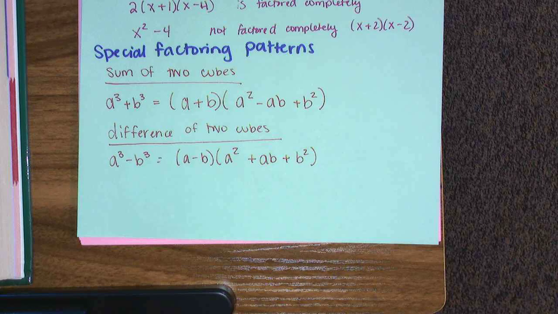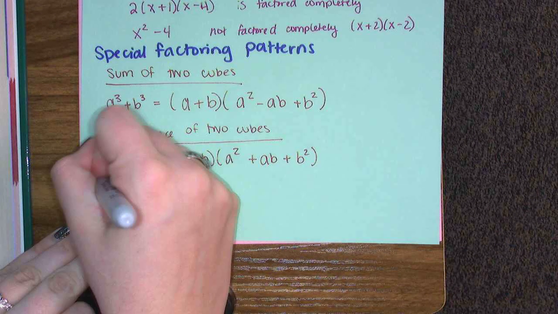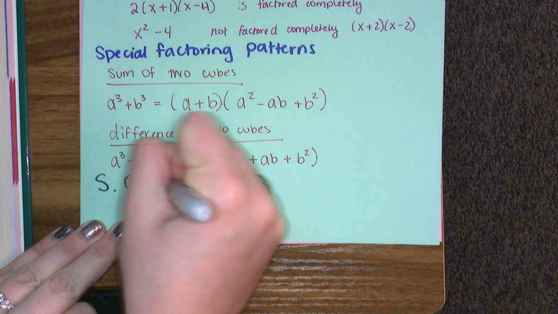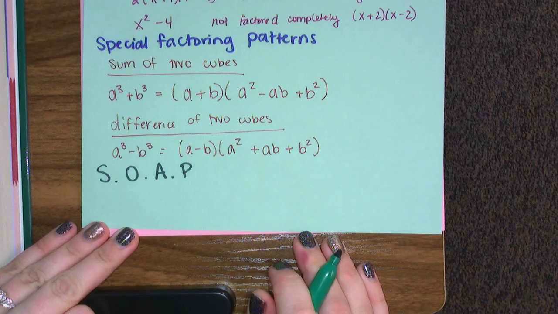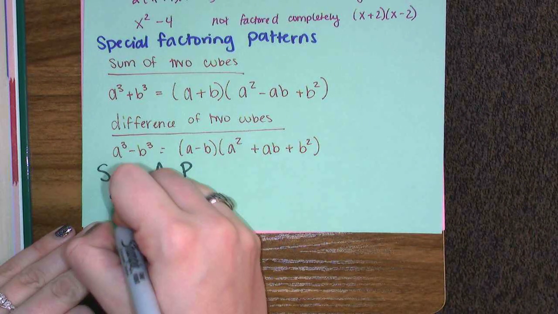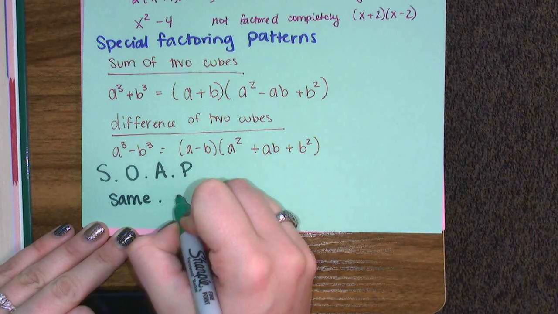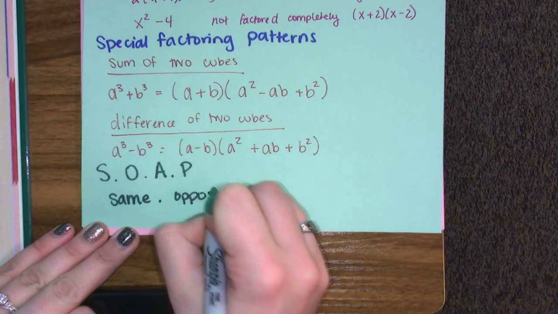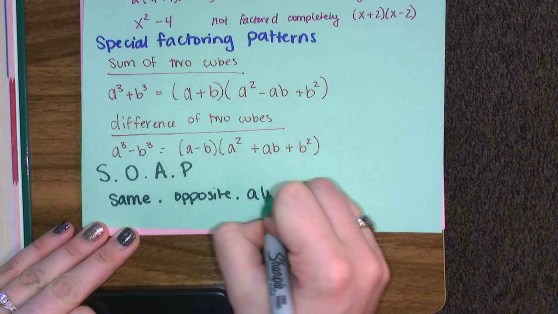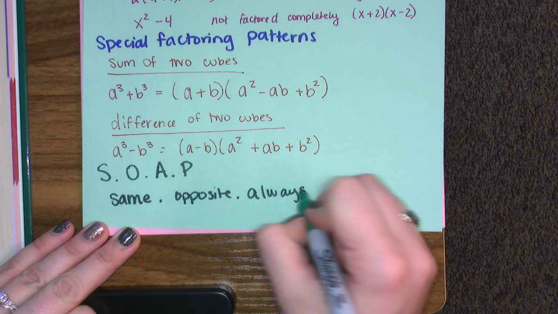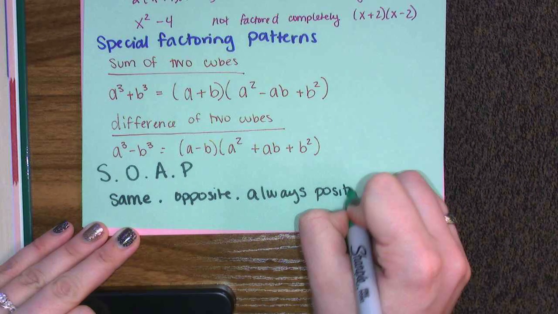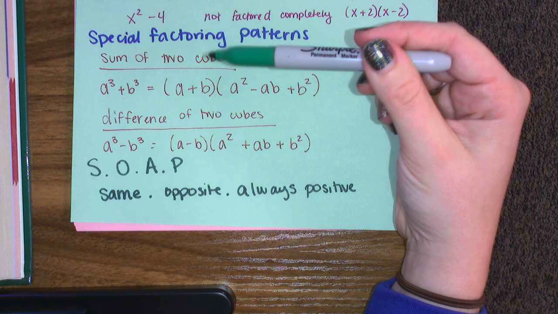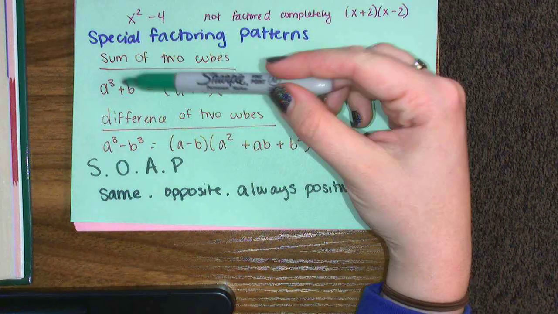Okay, so the trick to remember this is SOAP: Same, Opposite, Always Positive. When you look at these signs up here, this one is a cubed plus b cubed.